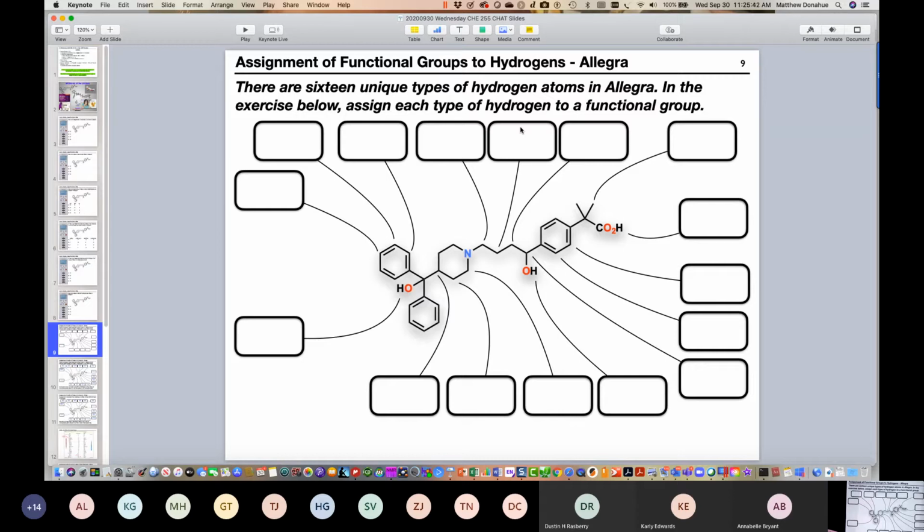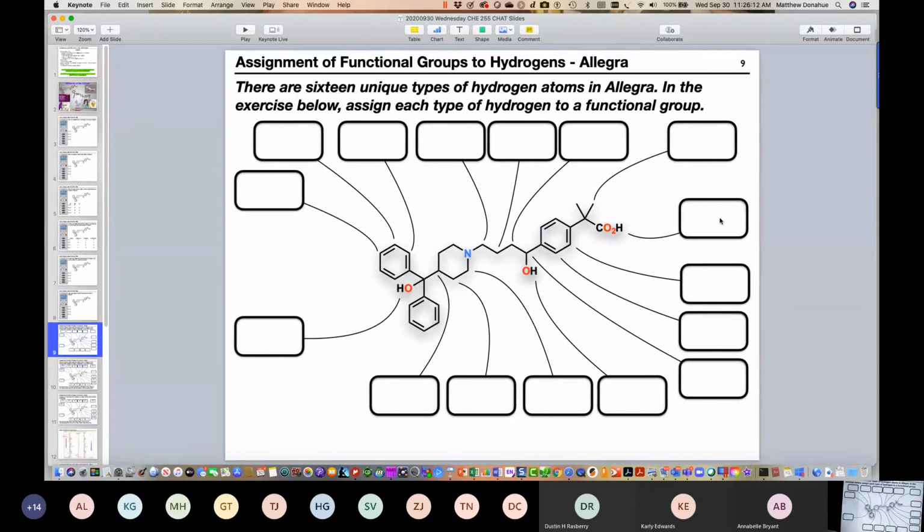Now we just did a visual inspection. Now I want to make an association of what functional group that type of hydrogen belongs to. So for example, see where my mouse is? I'll write it on the sheet that's projecting on the document camera as well.